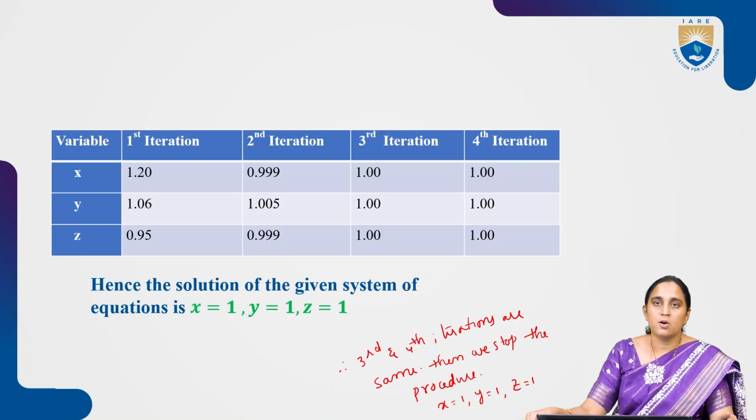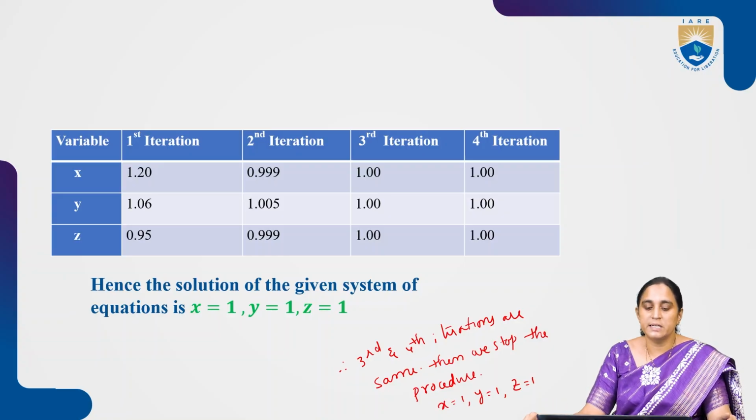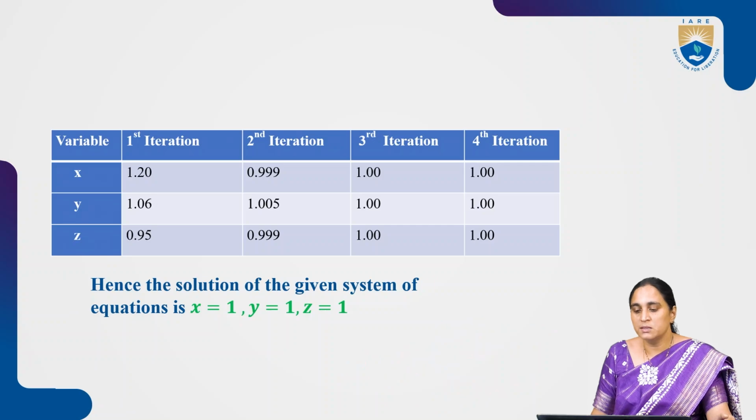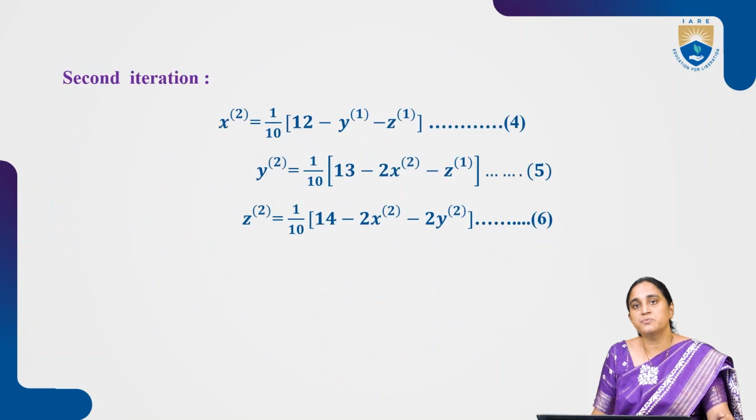This is the concept of the Gauss Seidel iteration method. What is the concept? Once again I'll repeat. This is one of the numerical techniques; the Gauss Seidel method works for diagonally dominant systems. Using the linear system of equations, initially we consider y is 0 and z is 0, and from that we get the initial approximation.